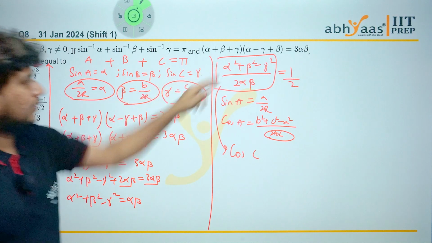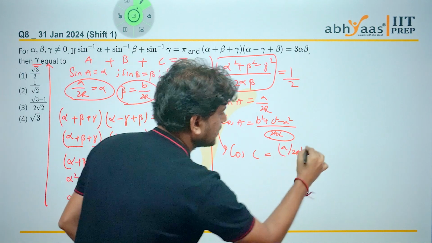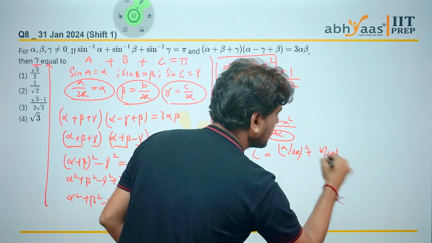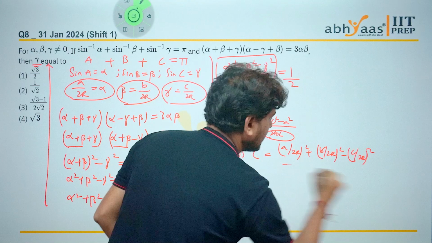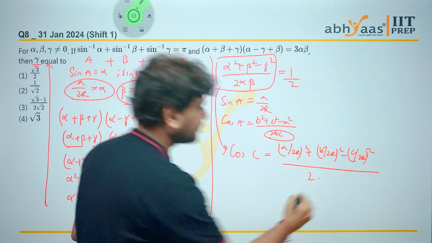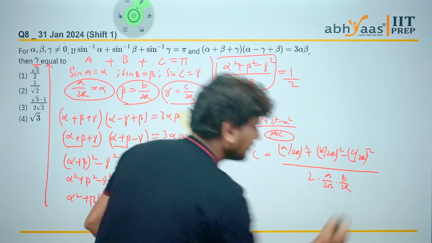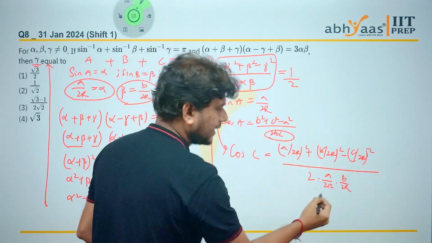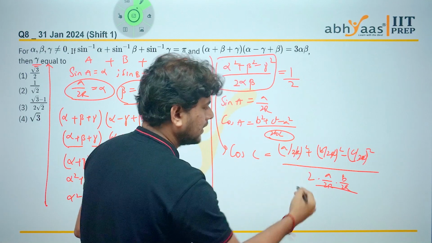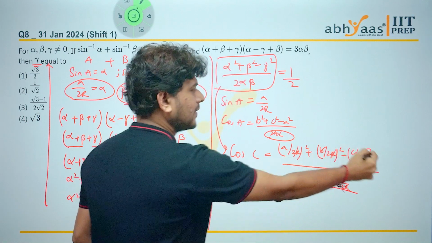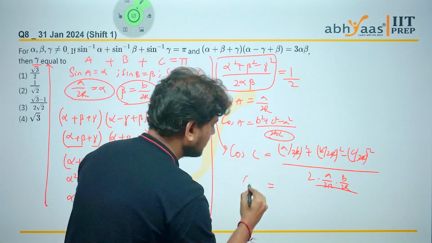A by 2R whole square plus b by 2R whole square minus c by 2R whole square by 2 into a by 2R into b by 2R. So the 2R square denominator here and here gets cancelled. We are left with a square plus b square minus c square by 2ab, which is cos C, and the value is 1 by 2.